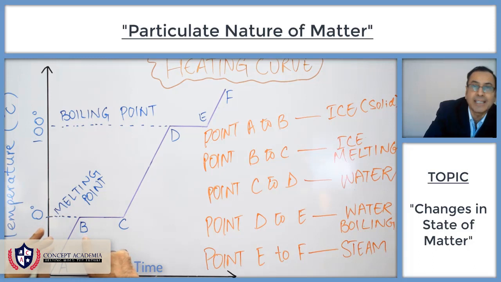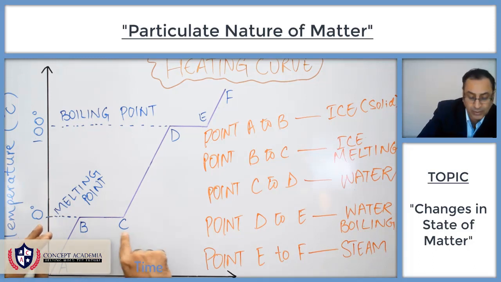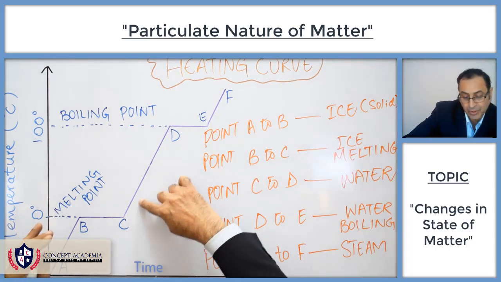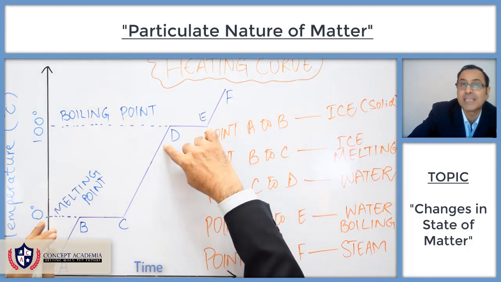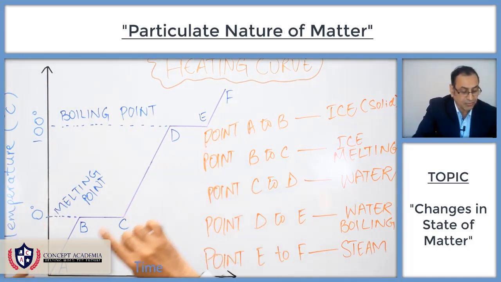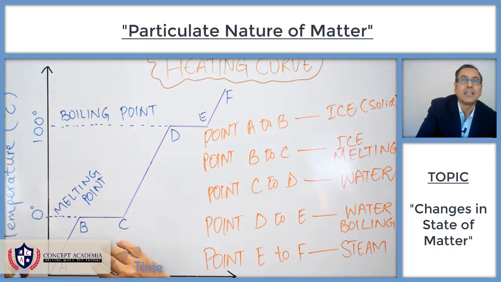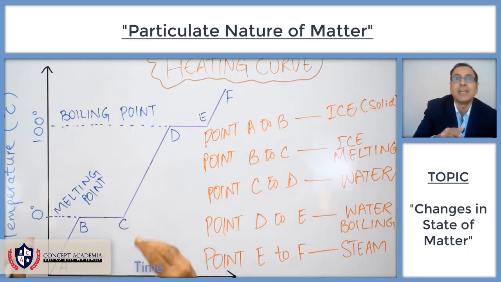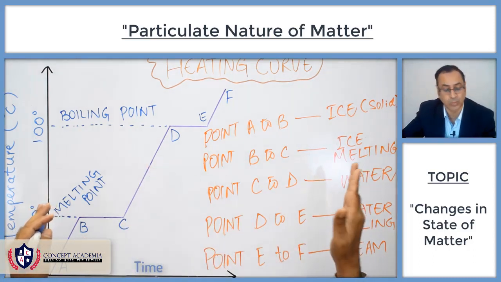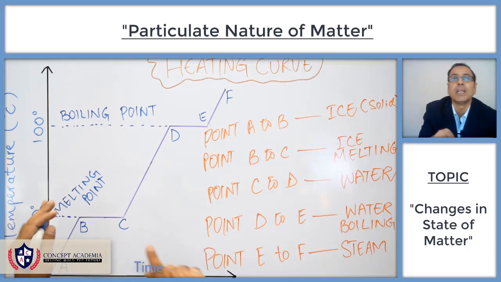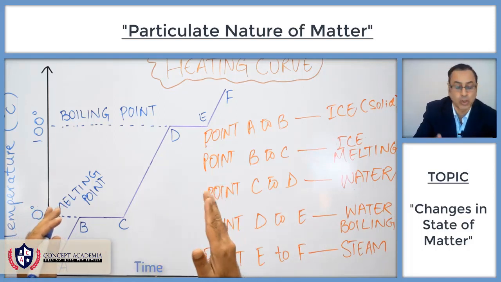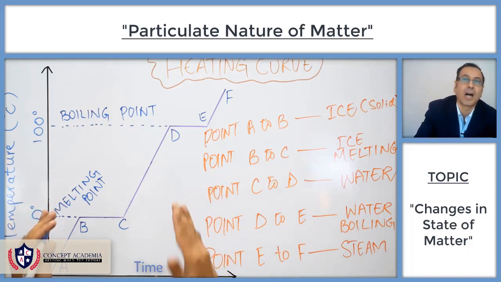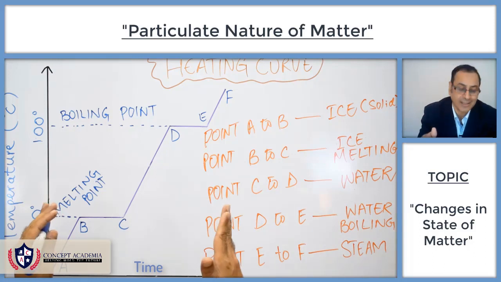And when all the ice has been converted into liquid water, the temperature is again rising and can be sensed by the thermometer. So from A to B, it is all ice, gaining heat. From B to C, ice is converting into liquid water, and between B and C, ice and liquid water both coexist.